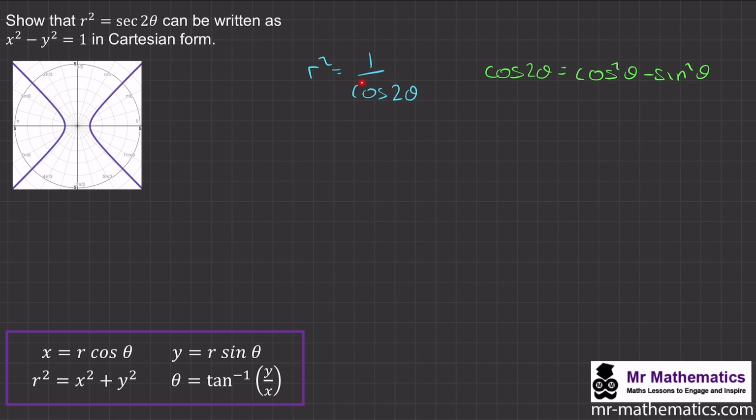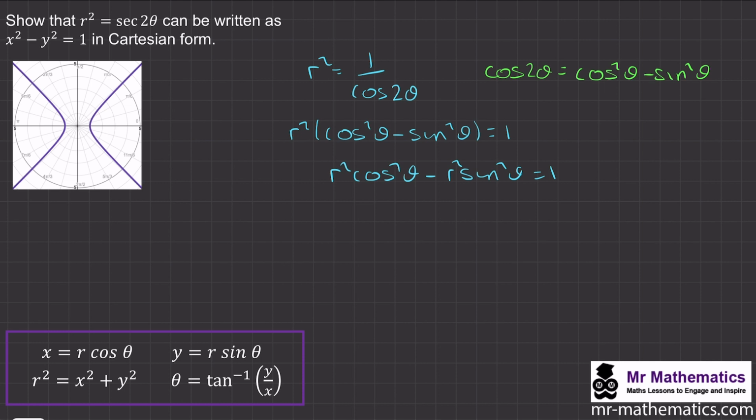And I'm also going to move this to the left-hand side. So we get r squared, lots of cos squared theta, minus sine squared theta is equal to 1, and then we'll expand these brackets out. So we get r squared cos squared theta, minus r squared sine squared theta is equal to 1.